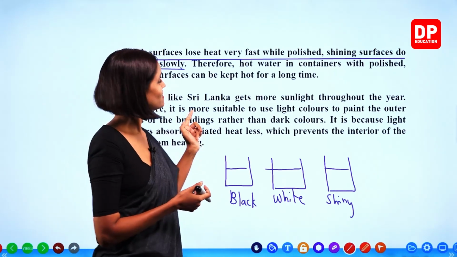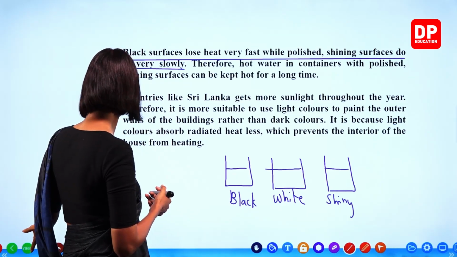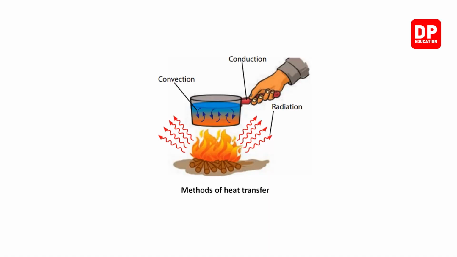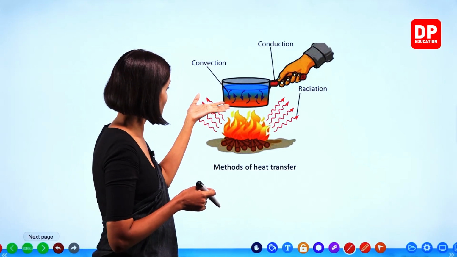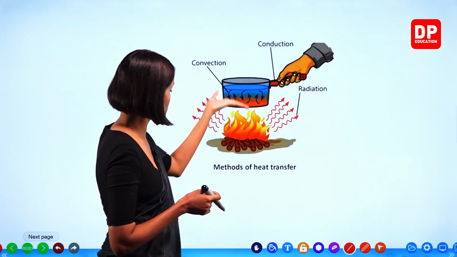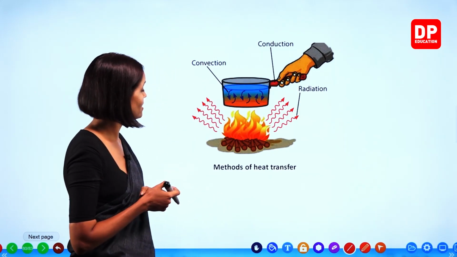Okay, children, we'll move on to the next. So we learned there are 3 methods of heat transfer: conduction, convection, and radiation. All 3 methods are given in this one picture. So heating water in a vessel using a fire, right?